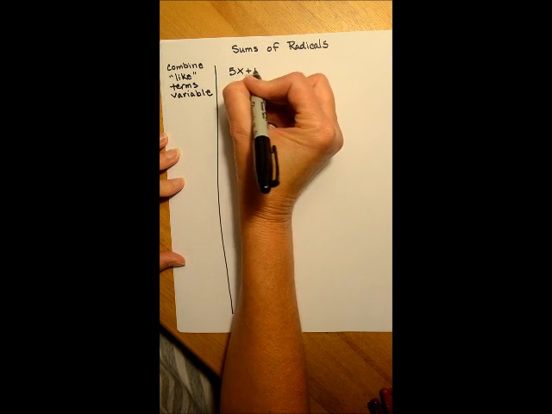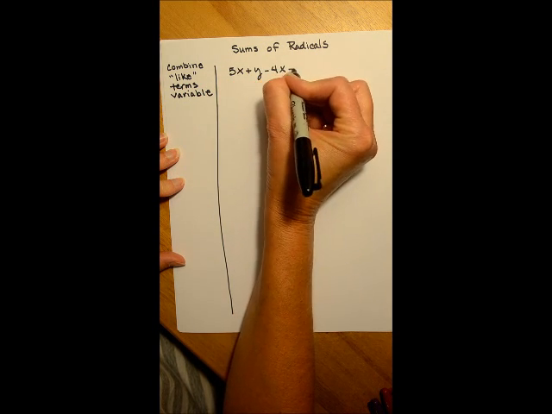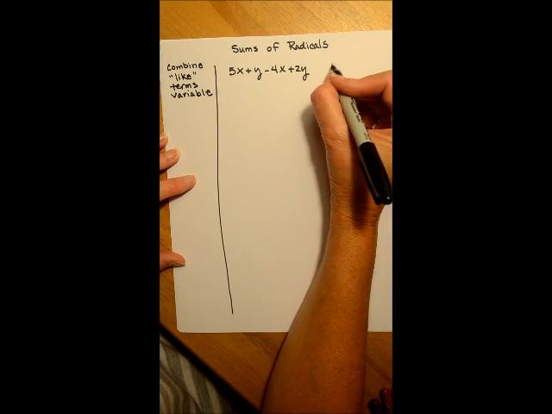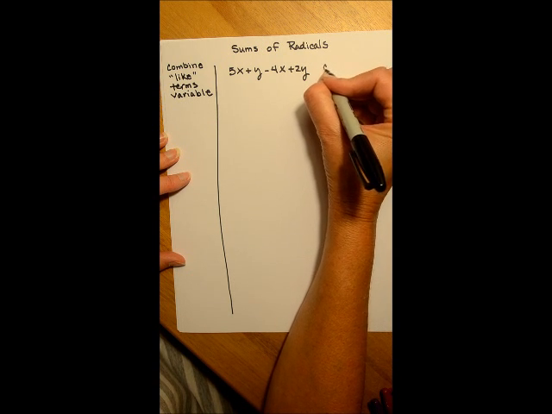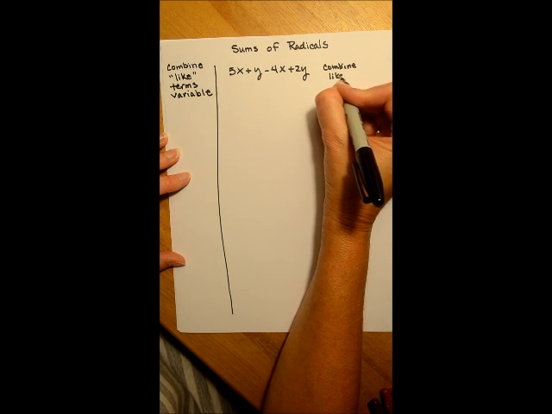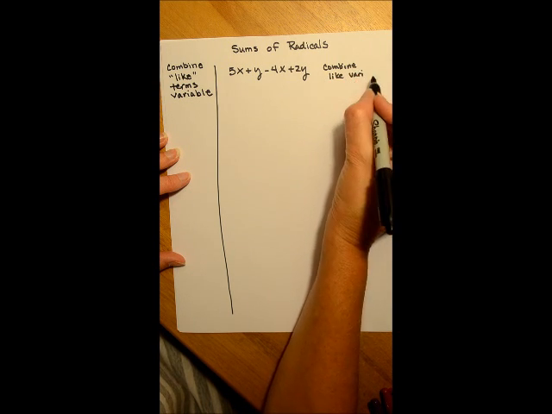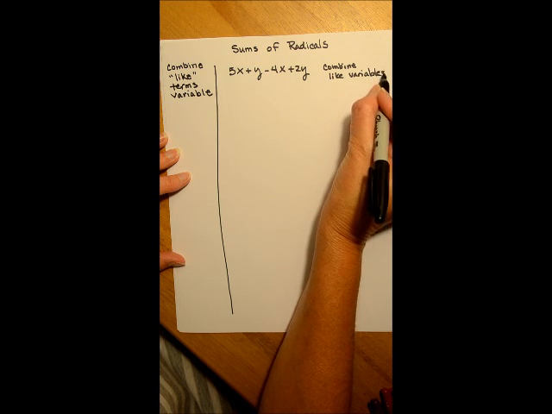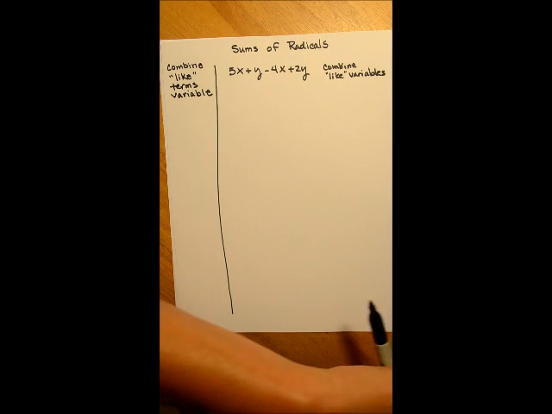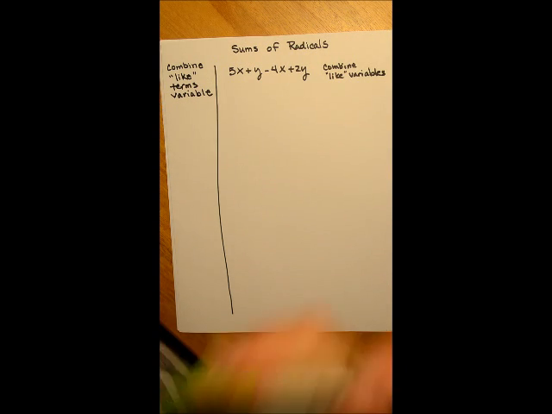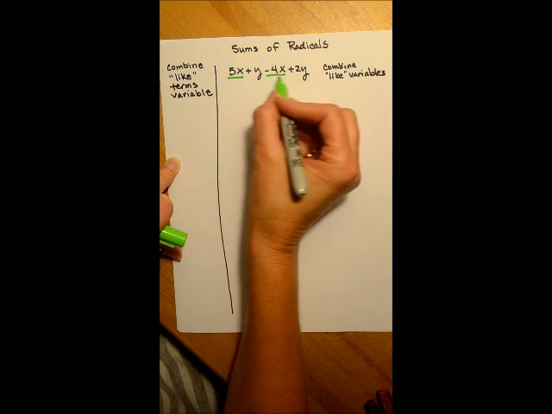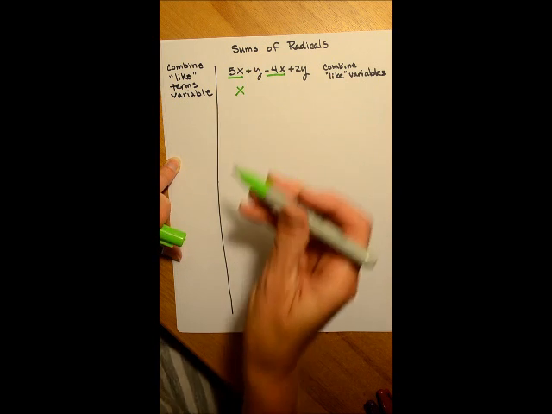So I have 5x plus y minus 4x plus 2y. And we're going to combine anything that's like. That 5x is like that negative 4x, and when I combine those I get just 1x.